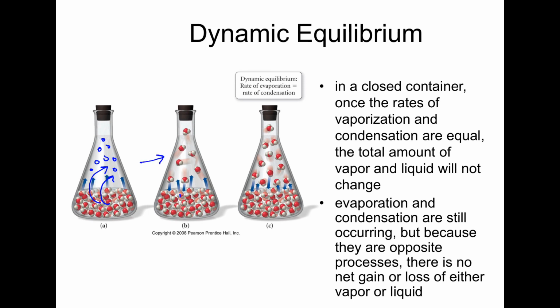So that's what we're starting to establish here. Here we have evaporation happening, but because it's starting to become crowded up here, molecules from the vapor phase are coming back down into the liquid phase. So that's what we call condensation. At this point here, we have evaporation and condensation.